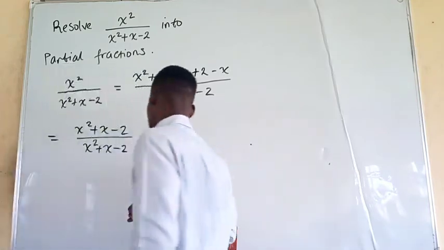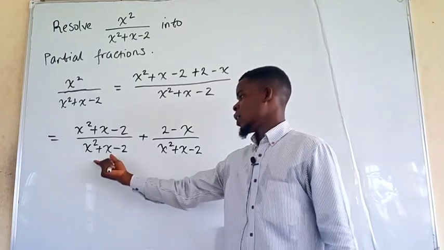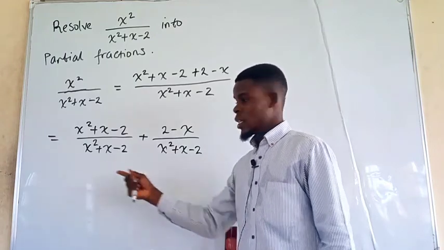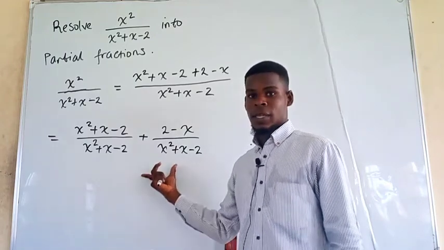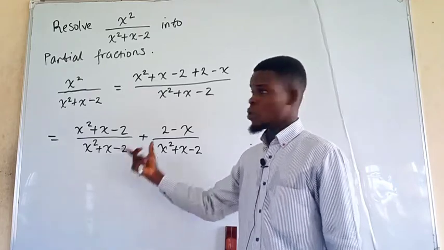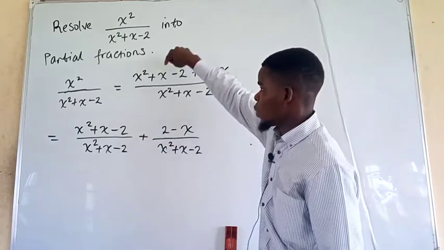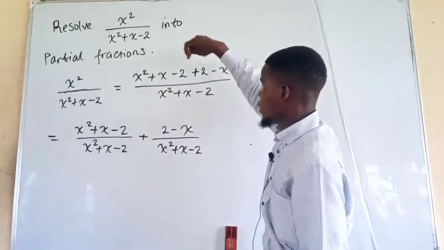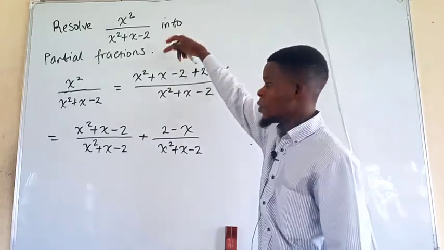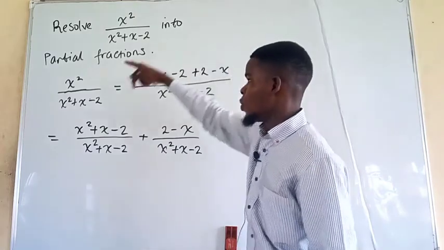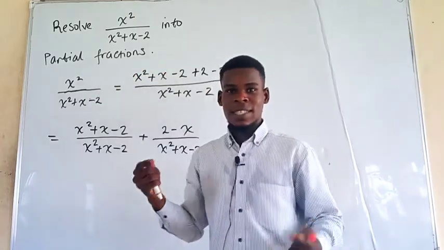So you observe here that if you add these fractions together, the denominators are the same, so you keep it common and then you add the numerators, which will get us back to this. Notice that the negative 2 and 2 will be 0, and x minus x will be 0, and we are just having x squared. So it's the same thing.